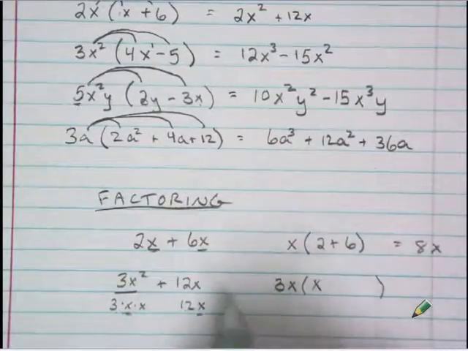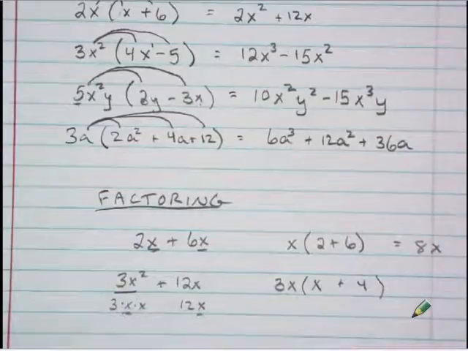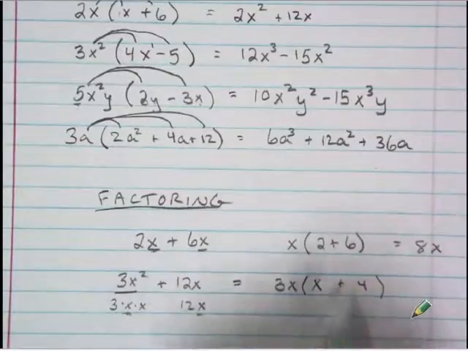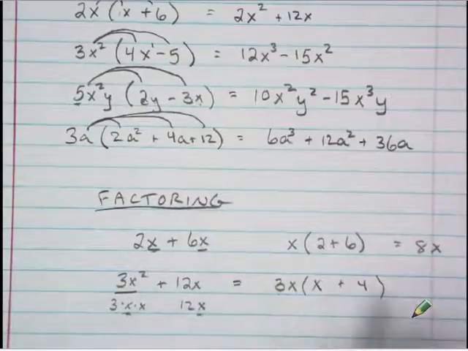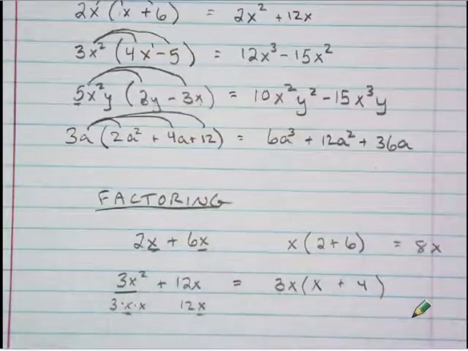And 3x times something is 12x. That would be 4. Okay? 3x squared plus 12x is equal to 3x times x plus 4. This right here is called factored form. This is expanded form. Factored form is taking out the GCF if there is one.